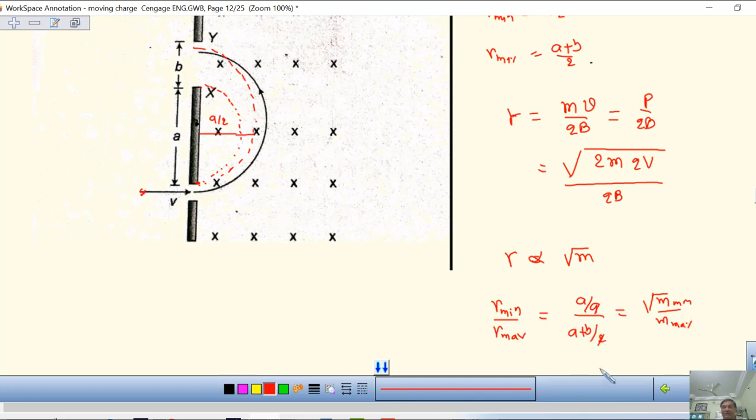Now 2 cancels out, so we take the square on both sides. So m minimum upon m maximum is a upon a plus b, whole square. The opposite can also be asked.